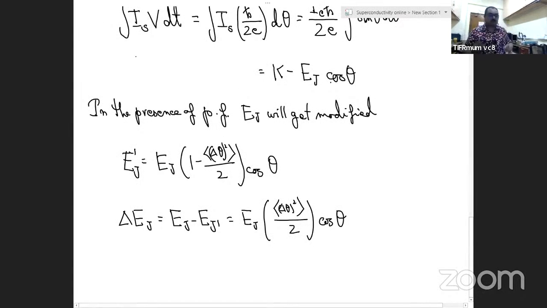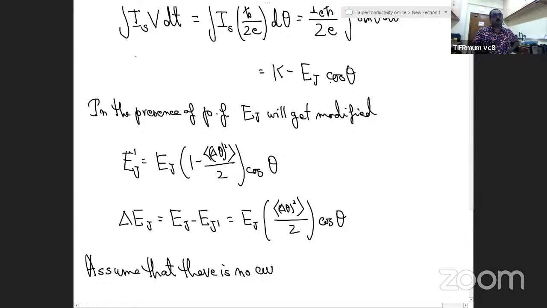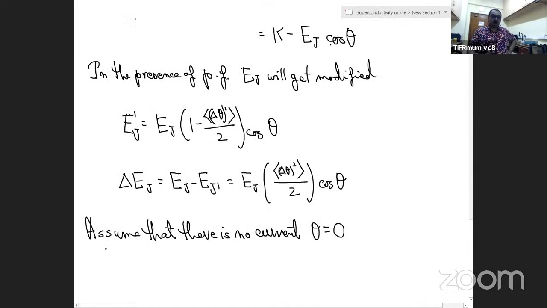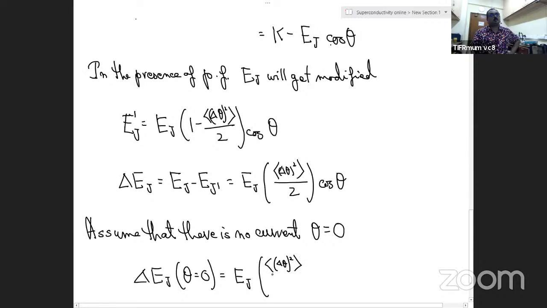Alright, now let me assume that there is no current in the junction. So if there is no current passing through the weak link, then of course θ is 0. So this cos θ is 1. So now I can equate this δEj for θ equal to 0, which is nothing but this quantity, and this will be of the order of kT.